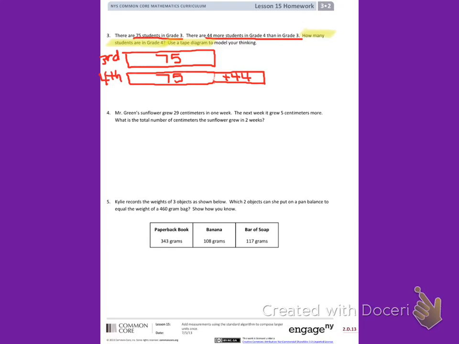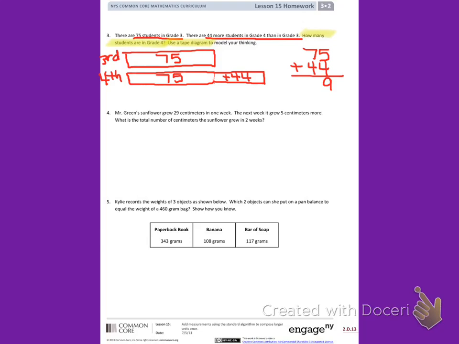Now I will write the algorithm. To determine the number of students that are in fourth grade, I should add 75 plus 44. 5 ones plus 4 ones is 9 ones. 7 tens plus 4 tens is 11 tens.